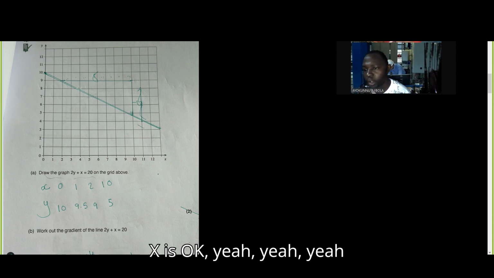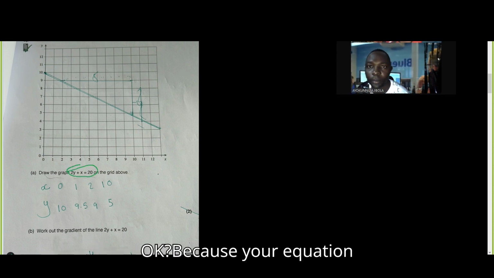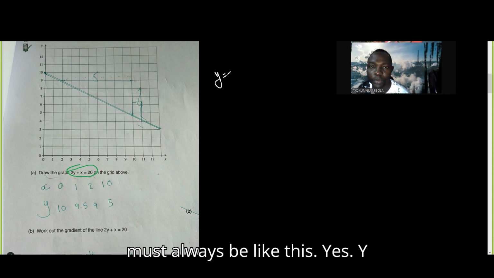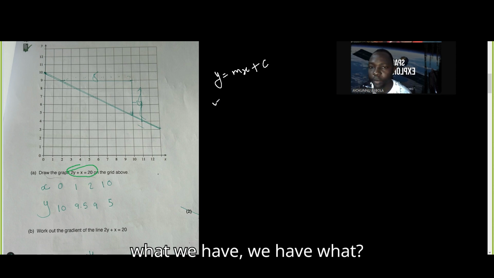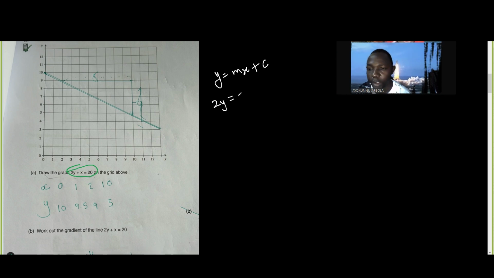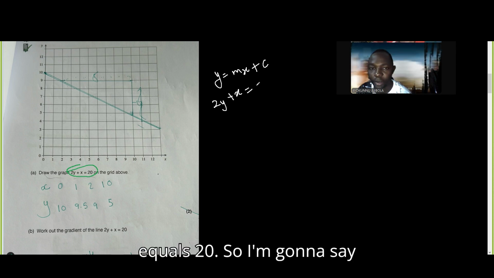You need to rewrite your equation first, okay? Because your equation must always be like this: y equals mx plus c. So now from what we have, 2y plus x, right? Equals 20.